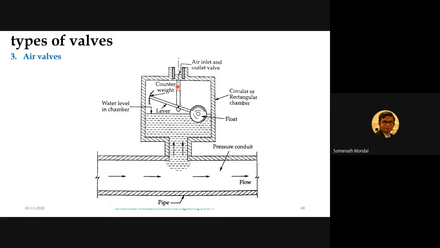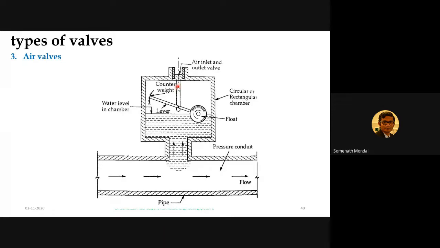On the other hand, when there is discontinuation or less pressure in the flow, air will get interrupted within the system. The water which is stored in the upper tank will come down into the main pipelines, and at the same time the float will also come down.